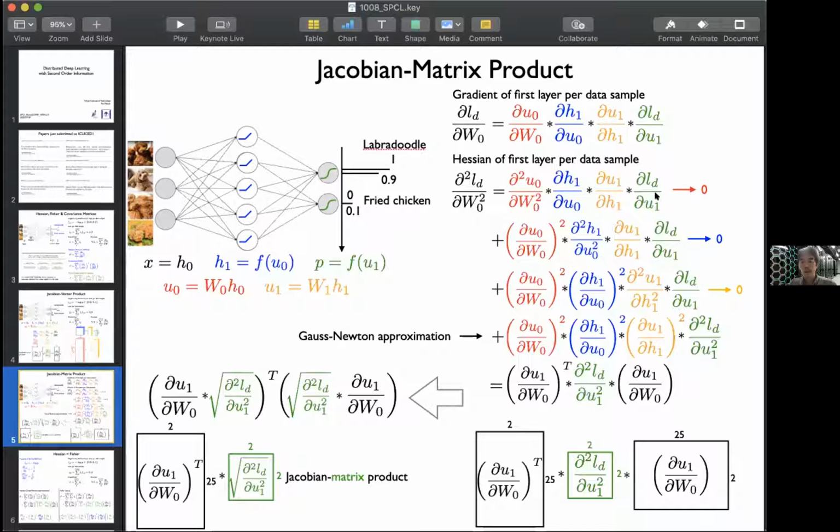And it turns out, if you really think about what these second derivatives look like, this u is a linear function of w, which means if you differentiate twice, it goes to 0. Also, this activation function, if you're using something like the rectified linear unit, it's piecewise linear. It sort of bends here and then goes straight. So if you take second order derivatives, it goes to 0.